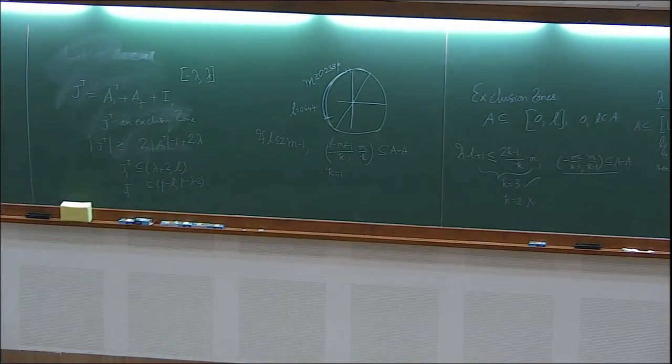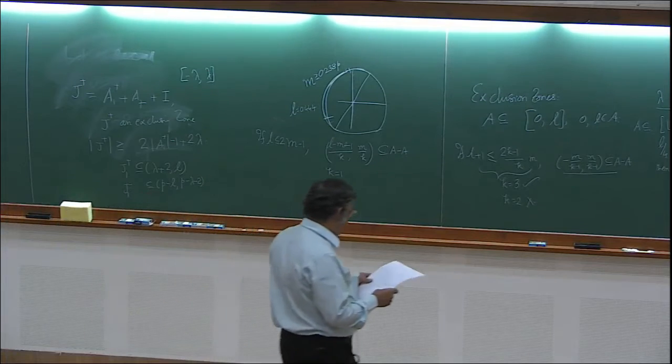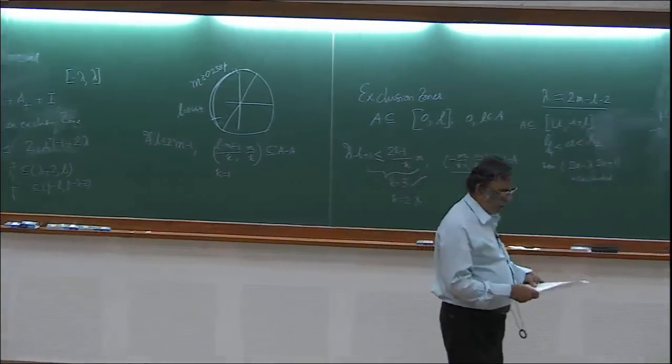Therefore, we have got one more exclusion zone, which is J1 plus. J1 plus is excluded, and it has a cardinality which is 2 times mod A1 plus minus 1 plus 2 lambda. And now more or less the proof is over, so let's now write the proof.